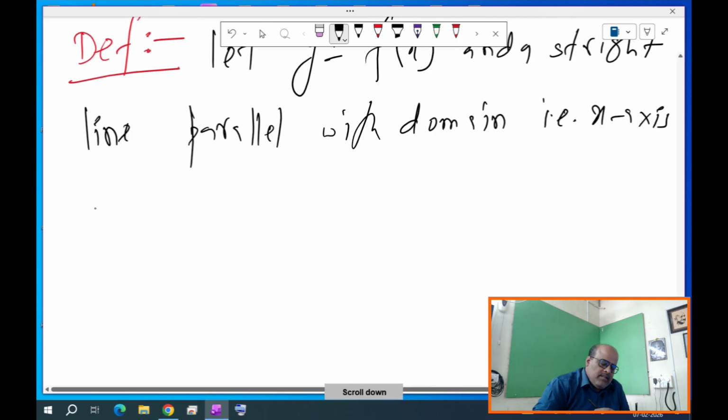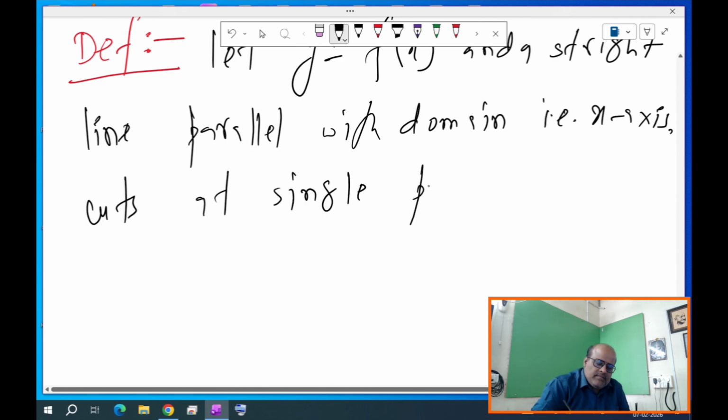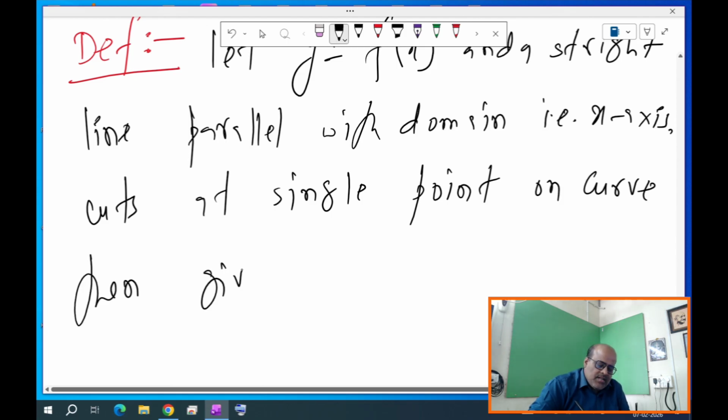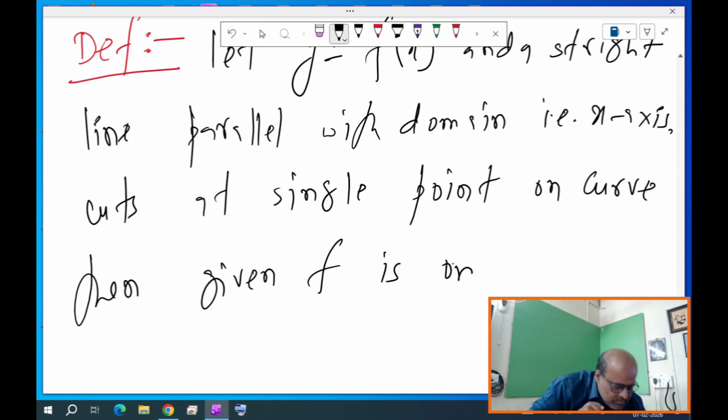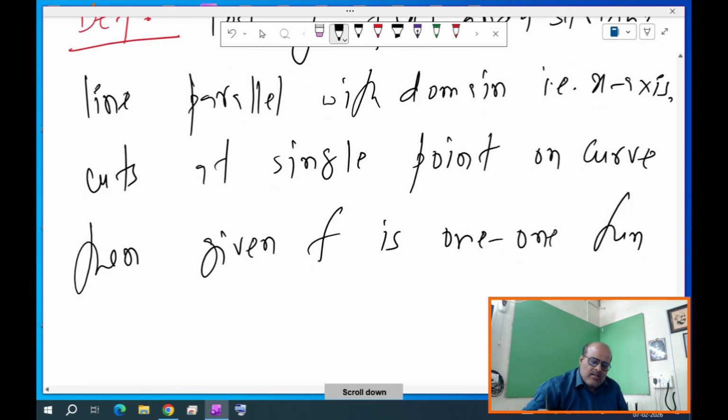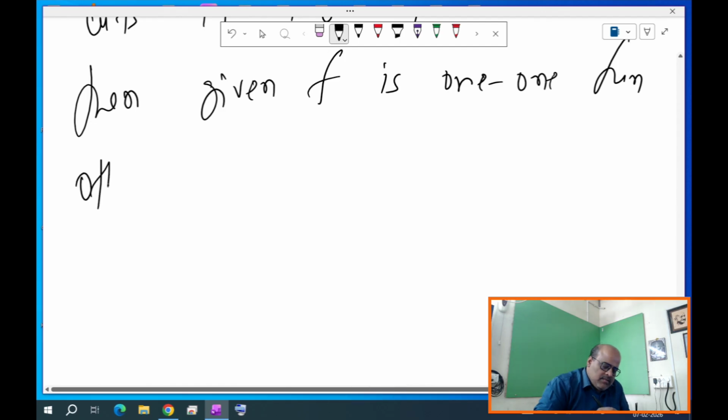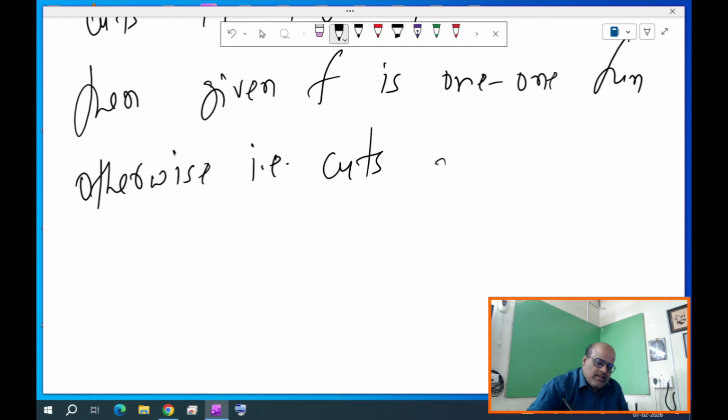If the straight line cuts the curve at a single point, then the given function is a 1-1 function; otherwise it is not 1-1. Otherwise means it cuts at more than 1 point.